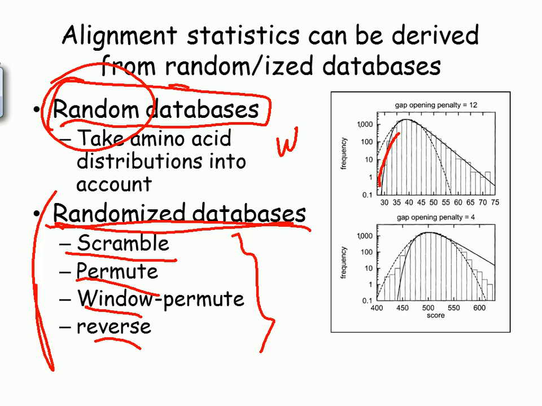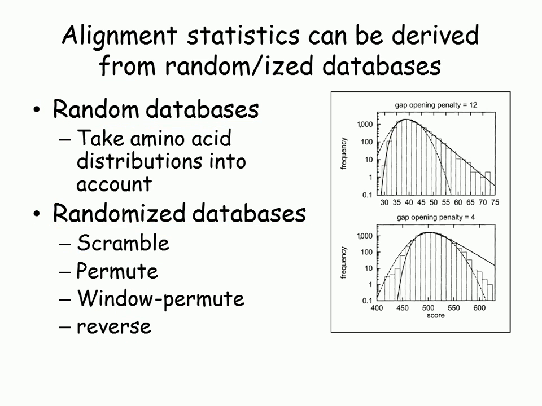The advantage of this is it represents a real database in a more reliable way. This one implicitly would take care of the amino acid distributions because you're never introducing a new amino acid in it. The randomized databases, do they take into account the Markov model probabilities?